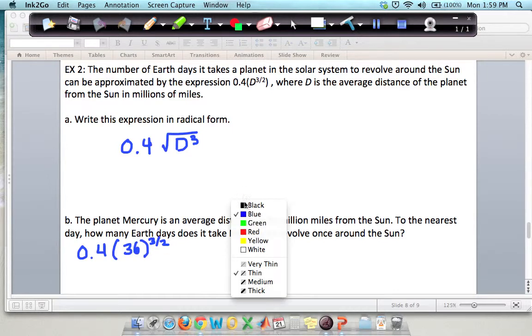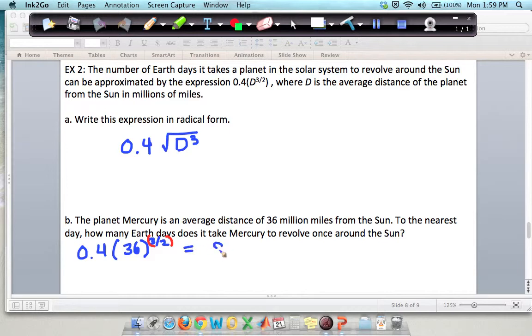Just make sure when you put in that 3/2 power, you put in parentheses to show it's raised to this whole power, not just 3 and then divide by 2. So try that, and you should get about 86.4, but it says to round to the nearest day, so that would be approximately 86 days.